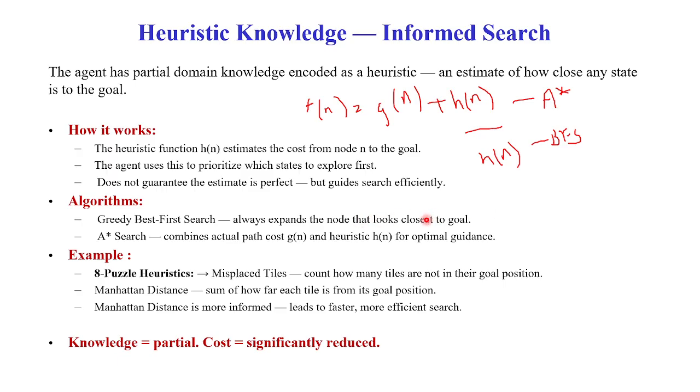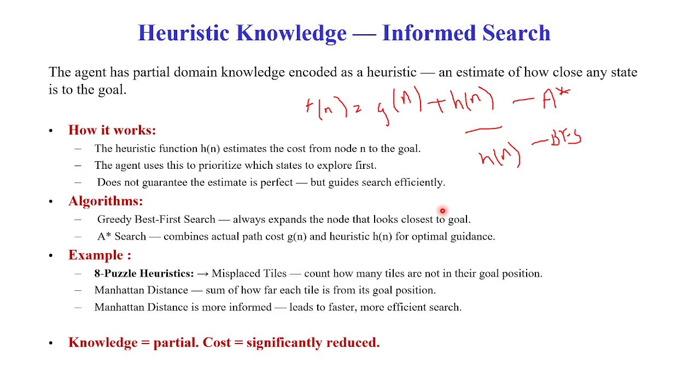But it does not guarantee to give you an optimal solution. It might take a promising path towards your goal. Even if it's a very big path, it will take you to the goal, but it's only based purely on this value. Whichever is nearly closest to the goal, it will choose that state to expand.